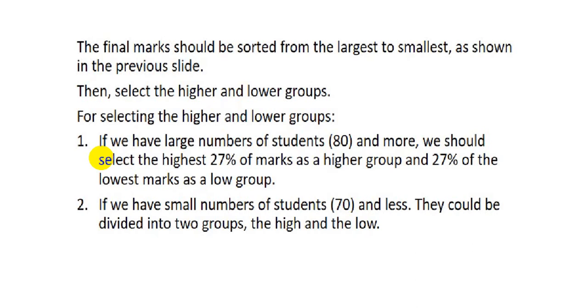If we have small numbers of students, 70 and less, they can be divided into two groups, the high and the low, just like in our sample. We have 20 and divided the whole group into two groups, high and low. But if we have a large sample, no, we will select the higher 27% and the lower 27%.